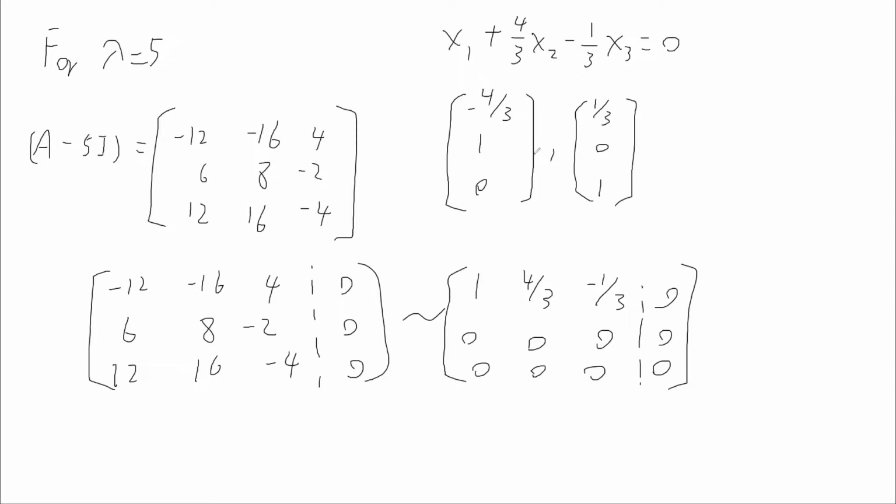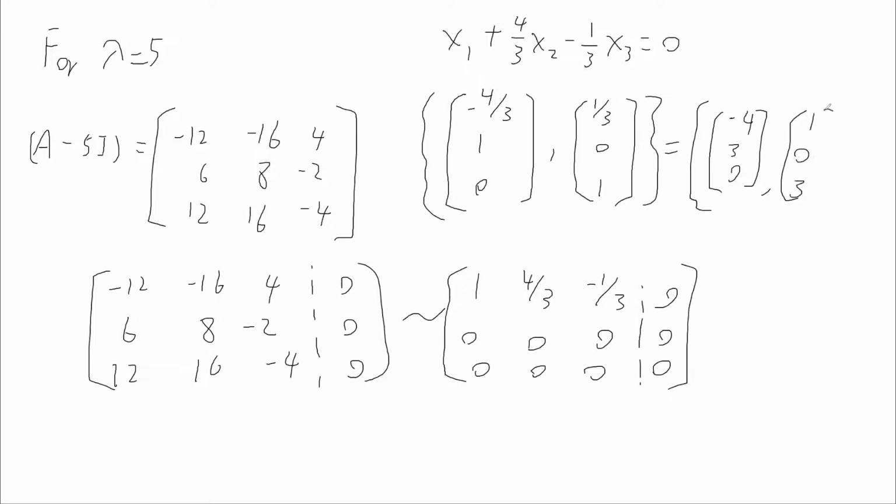But we can make this a little nicer by rescaling: the first one multiplied by 3 gives (-4, 3, 0), and the second multiplied by 3 gives (1, 0, 3). So that's a nice basis for our eigenspace.